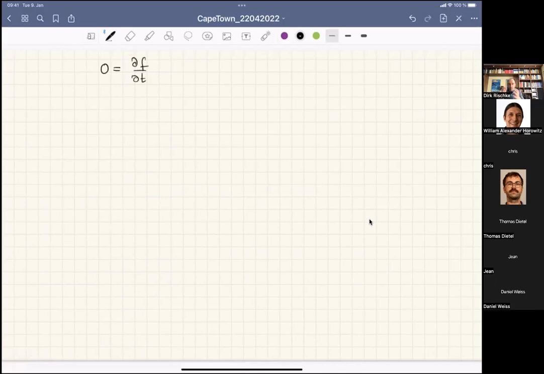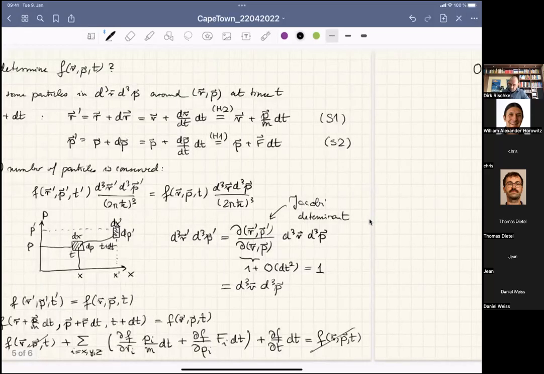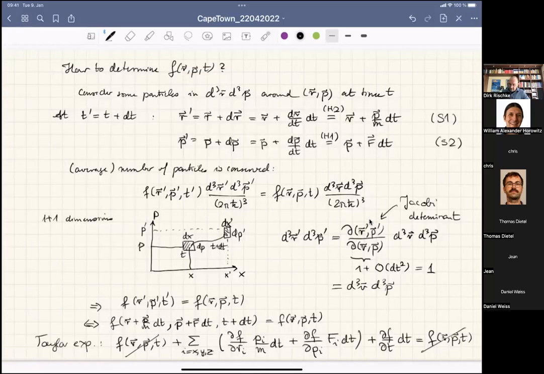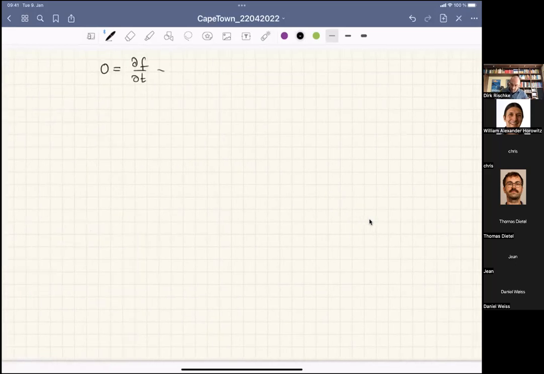Okay, and then I put the vectors back together. No? So you have momentum over mass times the derivative of f with respect to the components of the position vector. This is the gradient in position space. If I take this as a scalar product of two vectors, this would be p over m scalar product with nabla r, with respect to spatial coordinates.